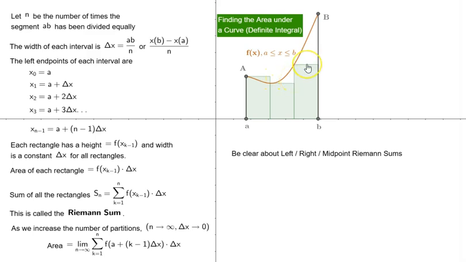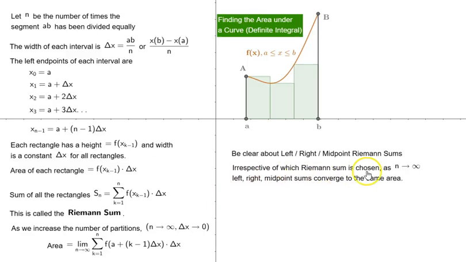Then again we take the midpoint and so on. Keep doing. By the way, the diagram that I have shown is the left Riemann sum. Now, irrespective of which Riemann sum is chosen, left, right, or midpoint, as n goes to infinity, the sums converge to the same area.